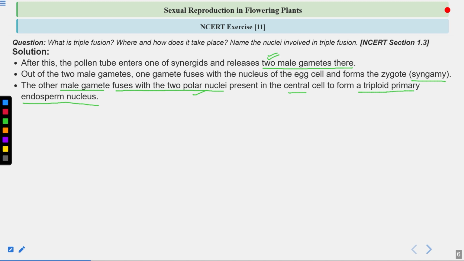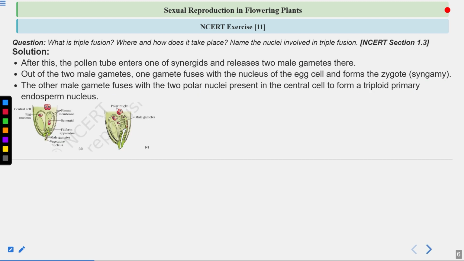So the primary endosperm nucleus is the nucleus involved in the process of endosperm formation, right? Here you can see in the diagram also, the male gamete is present inside this pollen tube. It is released in the synergid cell. The filiform apparatus is helping and guiding this pollen tube to enter the synergid cell, right?